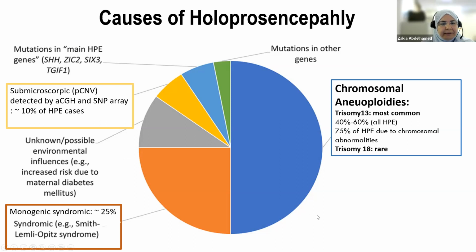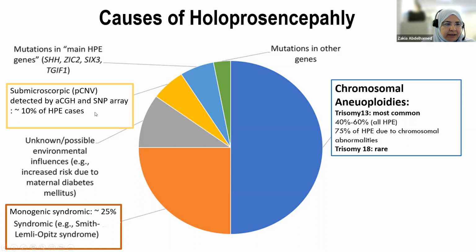On the genetic side, the genetics is highly heterogeneous, and there is extreme locus and genetic heterogeneity in this condition. Chromosomal abnormality accounts for about 50% of the cases, mostly trisomy 13. That causes about 75% of the holoprosencephaly due to any chromosomal abnormality. Trisomy 18 and triploidy can also present with holoprosencephaly as a phenotype, but this is rare.